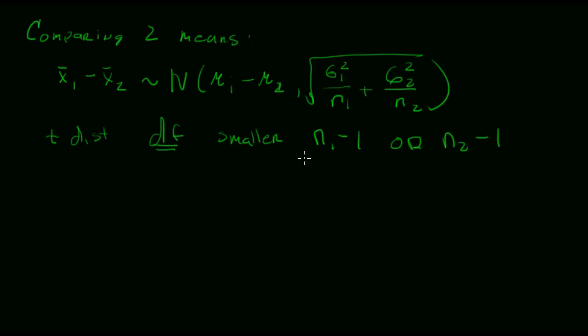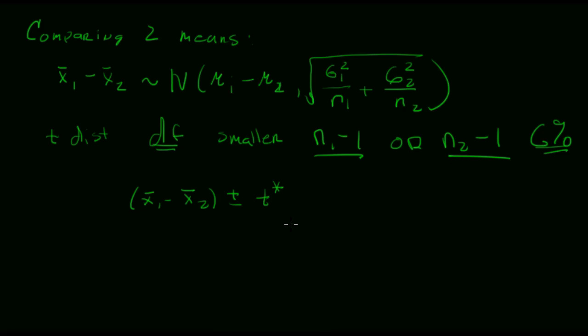Okay, so the confidence interval is going to be x bar sub 1 minus x bar sub 2, so it's the point estimate, plus or minus a t star. That t star is determined by my confidence level and also my degrees of freedom, which are either going to be n sub 1 minus 1 or n sub 2 minus 1, the more conservative of the two.